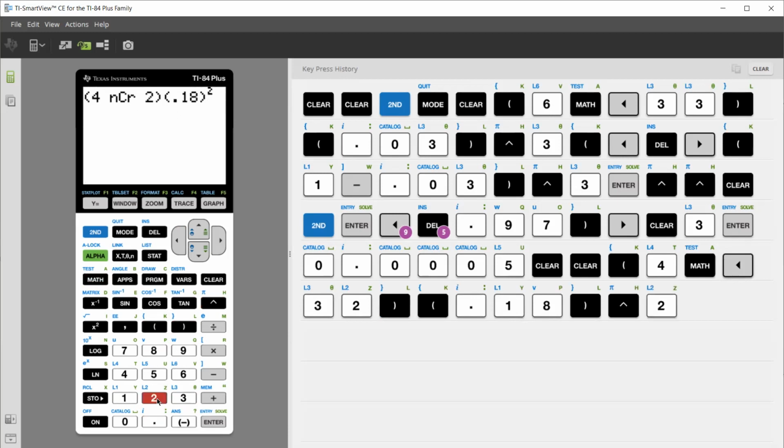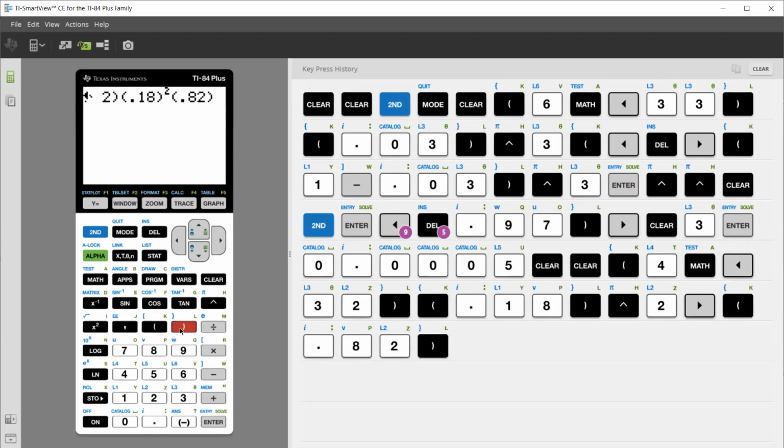And then we're doing the complement of P, which is 1 minus 0.18. That should be 0.82. Is that what you got? Mm-hmm. 0.82, raised to the second power because 4 minus 2 is 2. So this comes out to be 0.1307.